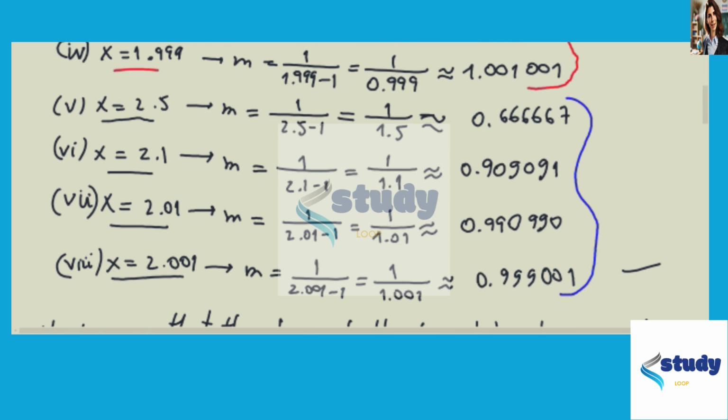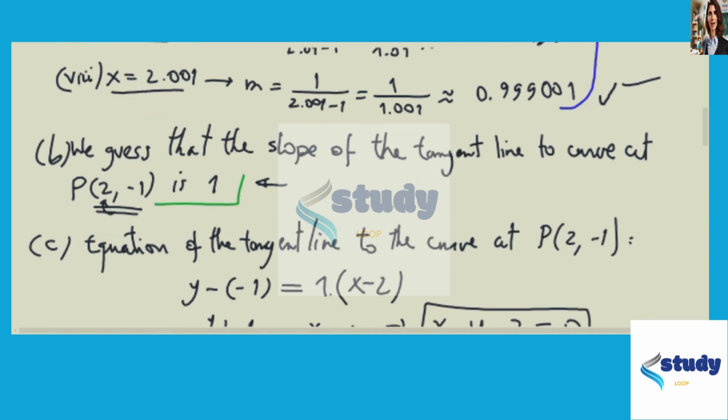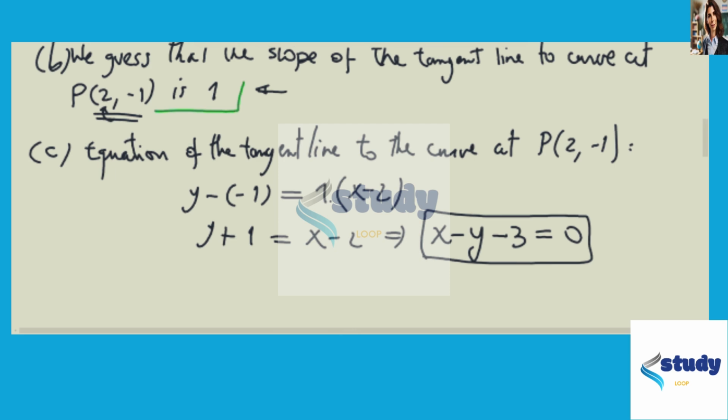And in both cases, we have seen that the slopes of those secant lines approach the value 1. So the slope of the tangent line will be 1. And with that, we have calculated the equation of that tangent line at the point (2, -1).